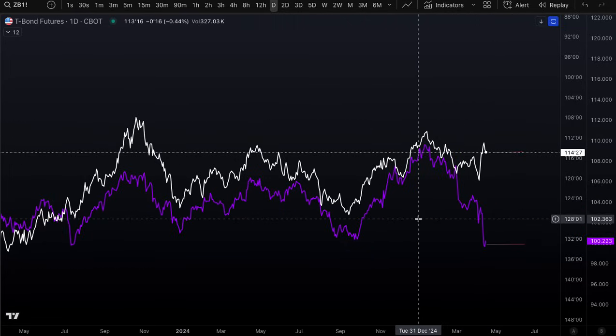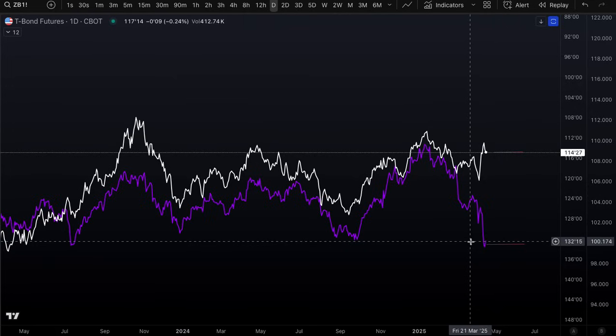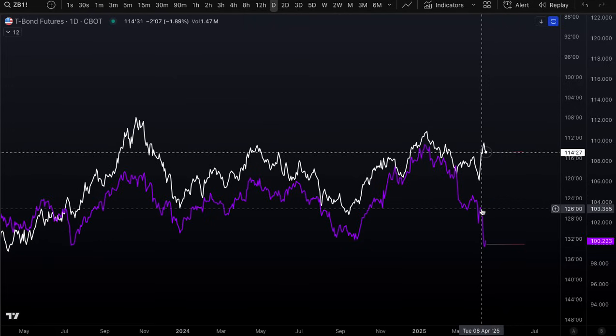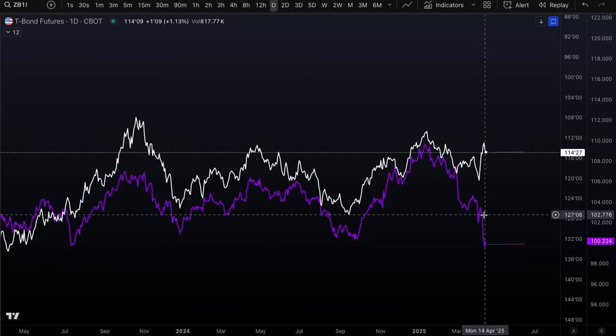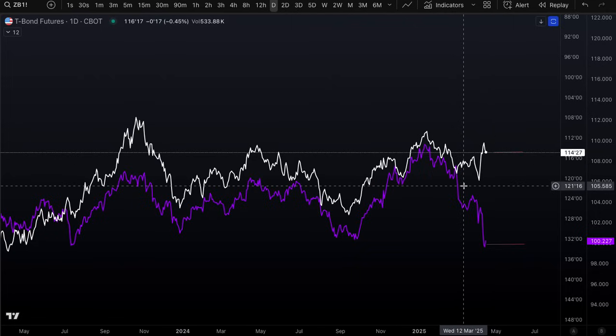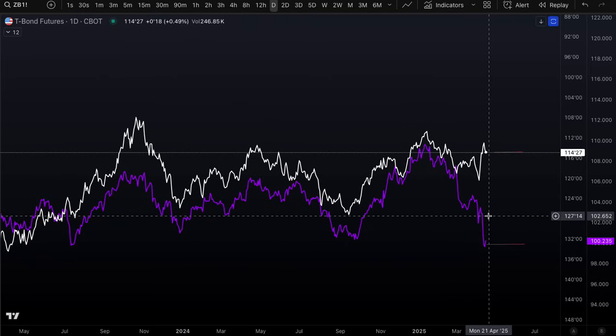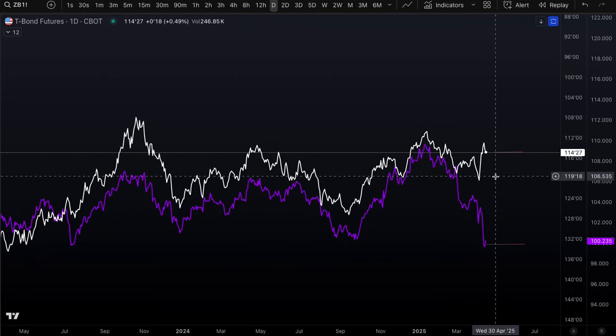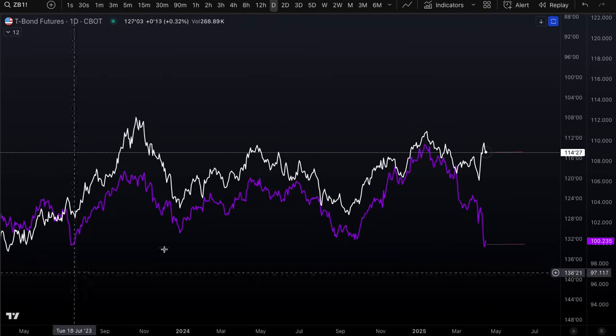And it's important to point out there's a difference between if the dollar had just kind of stayed flat, not really done much, and yields moved higher. It's a lot less, I don't want to say concerning, but it's less notable if the currency just stays flat and yields are moving higher, because that happens.